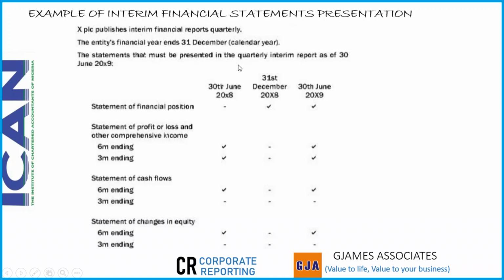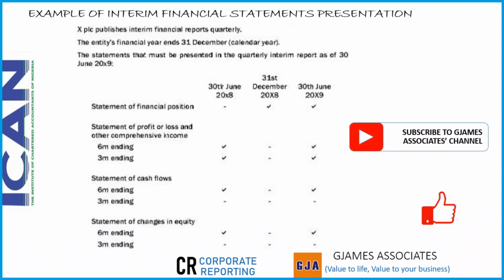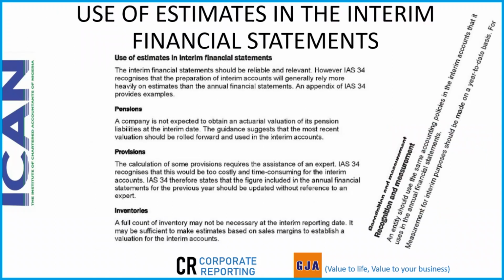So these three must appear whether we are showing the statement of financial position, income statement, change of equity, we are working on our cash flow and the like. So this is the summary of everything we've been talking about that must show.